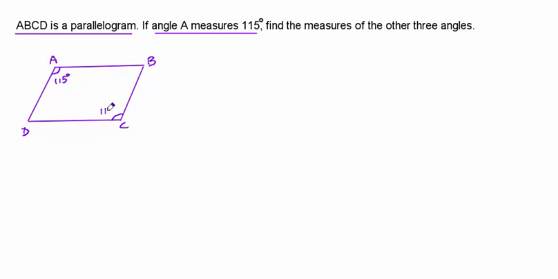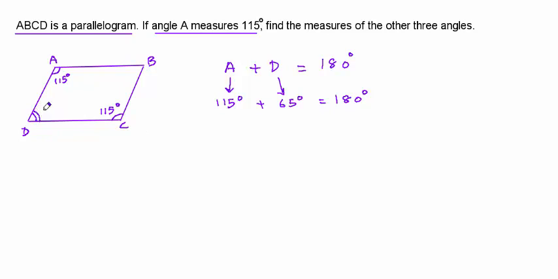So angle C is also 115 degrees. And then the adjacent angles in a parallelogram are supplementary, meaning that angle A plus angle D will add up to 180 degrees. Given that this is 115 degrees, then D has to be equal to 65 degrees. 115 plus 65 is equal to 180.